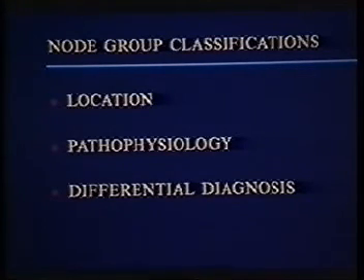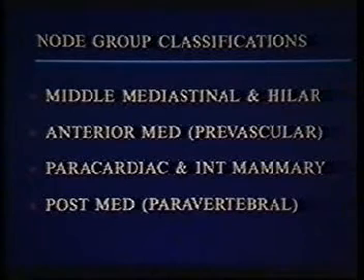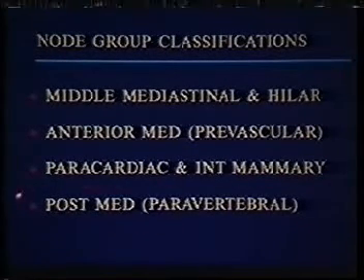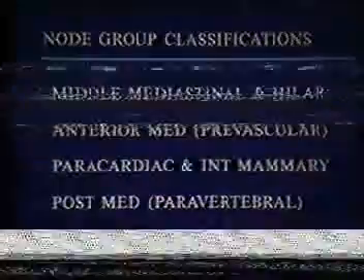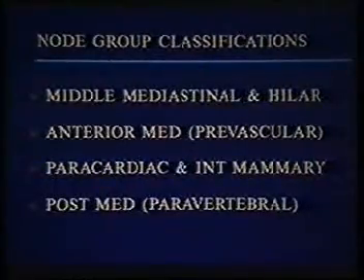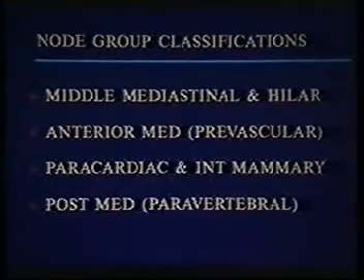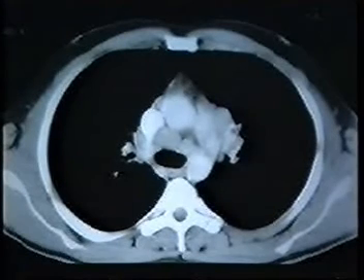These are quite simply middle mediastinal combined with hilar nodes; anterior mediastinal nodes, which are prevascular on CT; pericardiac and internal mammary nodes, which we can consider as a group; and posterior mediastinal or paravertebral nodes, which I'm only going to touch on this morning, but I'll throw in examples of those as we go along.